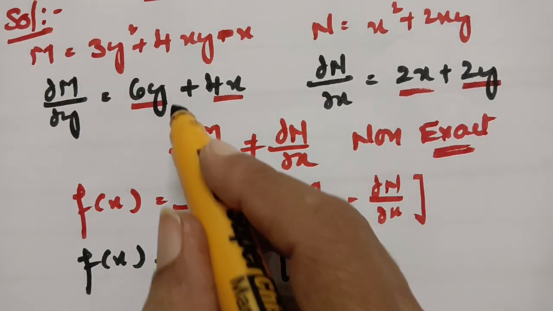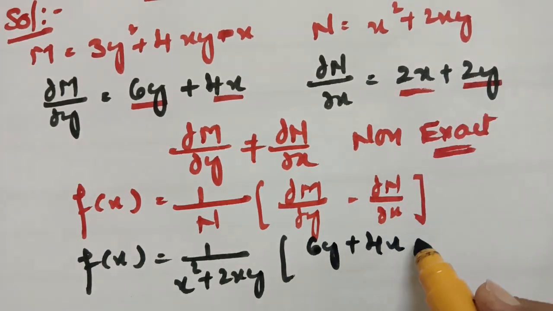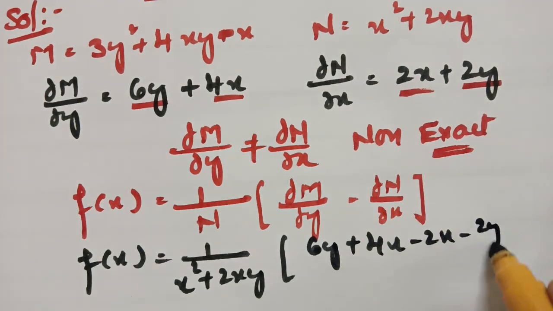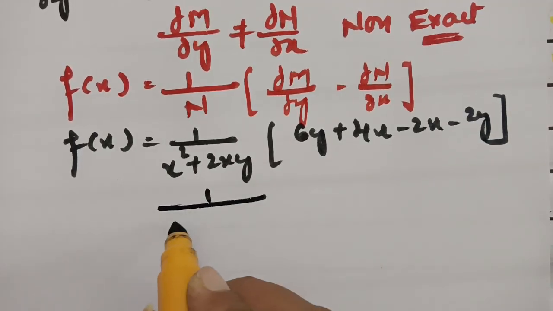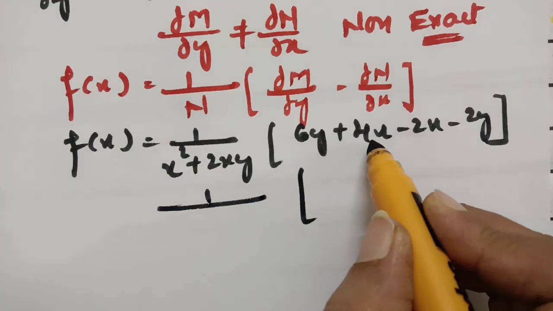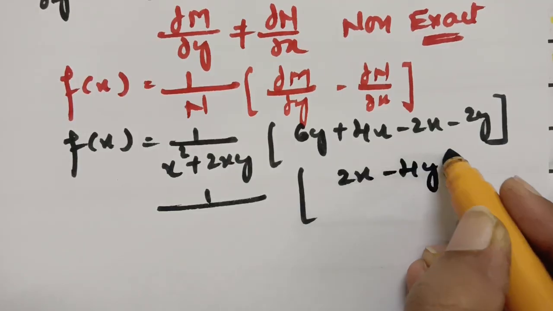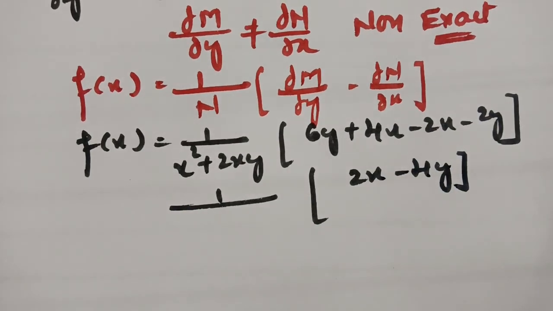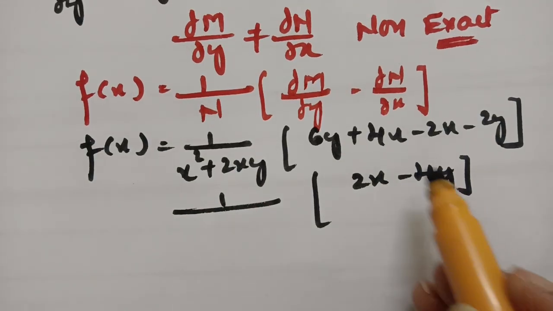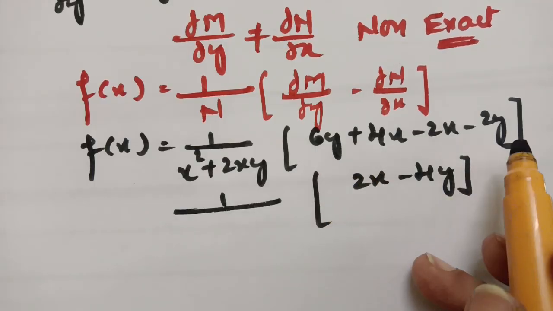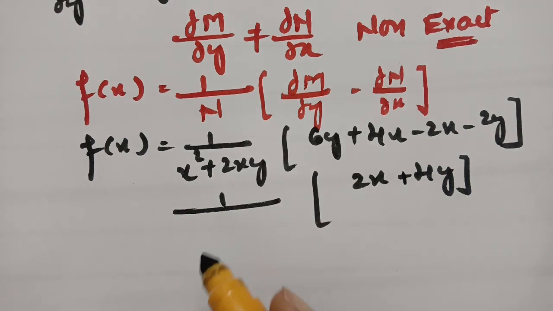What is dou M by dou y? It is 6y plus 4x, minus dou N by dou x, which is minus 2x, minus 2y. Clear? The dou N by dou x value is also ready here. So 4x minus 2x is 2x, and 6y minus 2y is 4y. Here we can take x common.